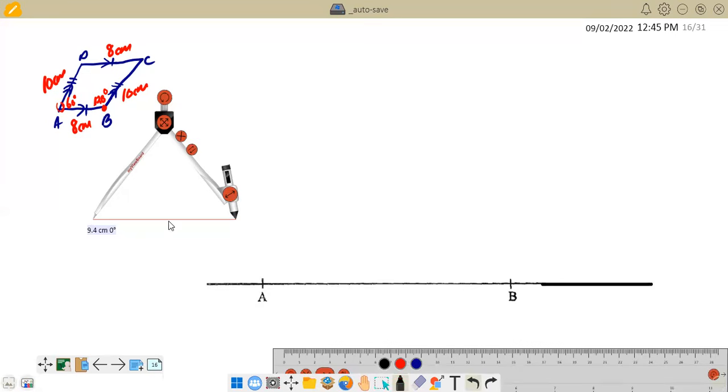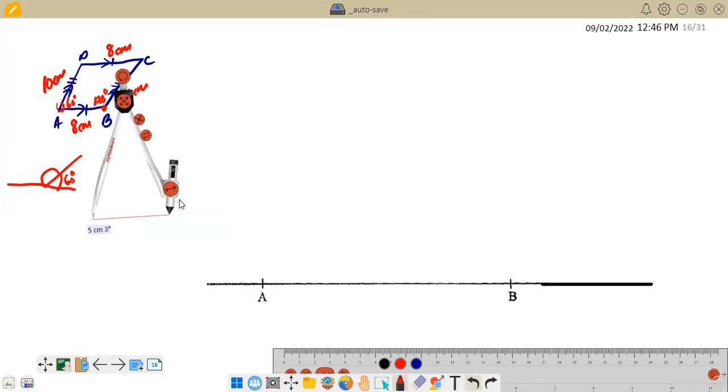Remember where your B is. We need an angle of 120 degrees at B. For us to have this 120, remember in your construction that we do not have a direct angle of 120. So what are you going to do? We construct an angle of 60 degrees on this side here. With 60 degrees constructed, the remaining angle becomes 120. So that's what you simply do. Remember how you construct your 60, you can make any adjustment of your choice.